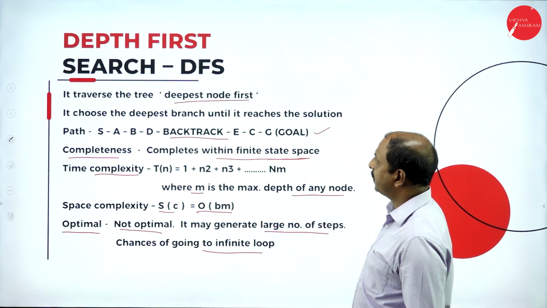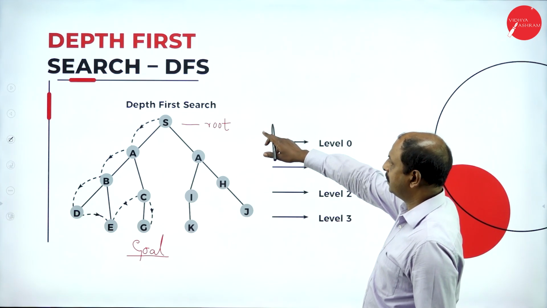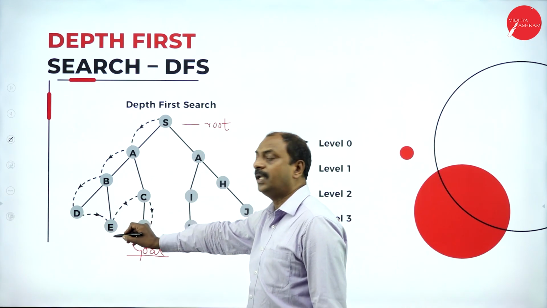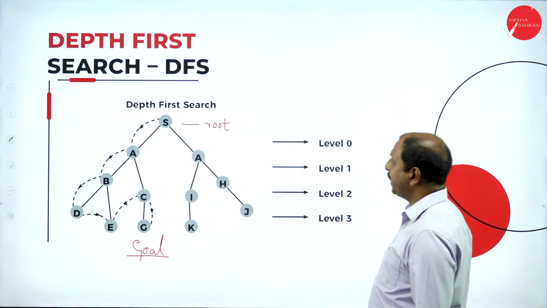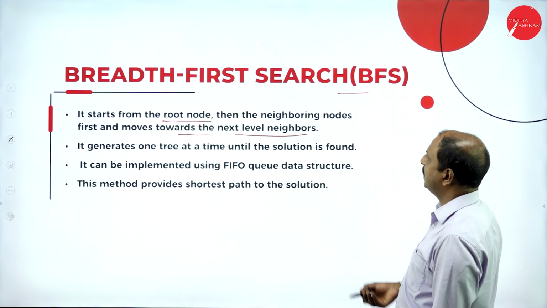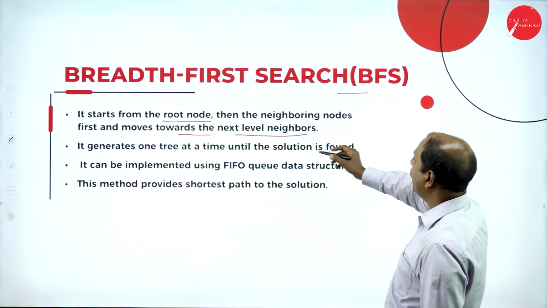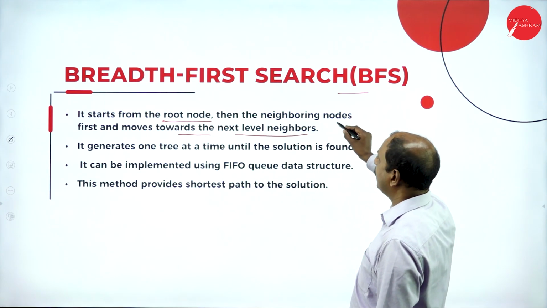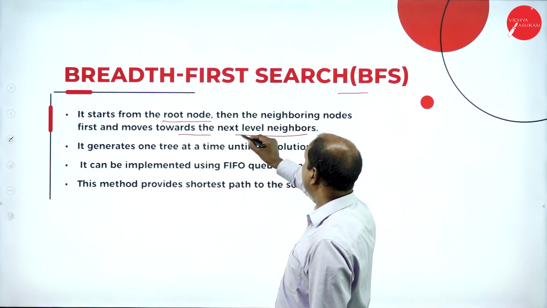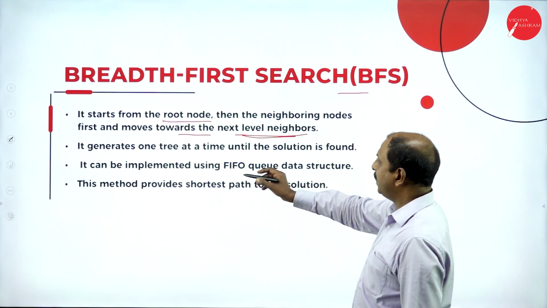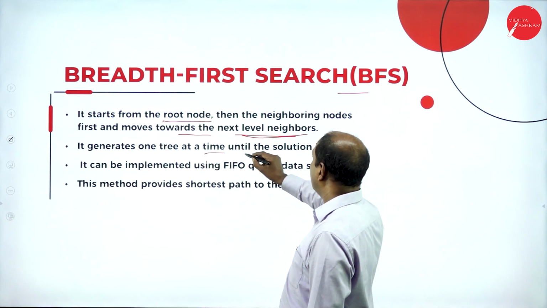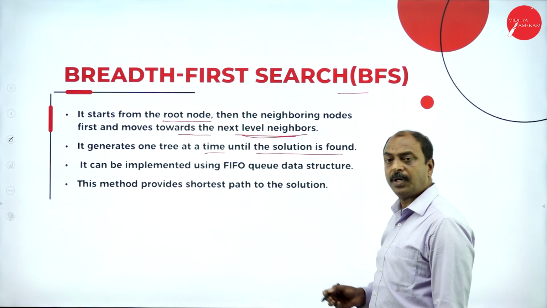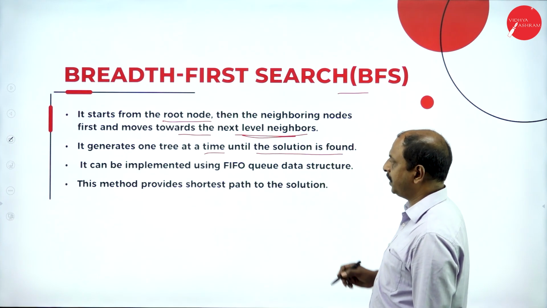In the previous one, depth first algorithm, it goes to the depth until it reaches the goal. But in this breadth first algorithm, it starts from the root and traverses the neighboring nodes, moving towards the next level neighbors. It generates one tree at a time until the solution is found. It looks for a particular path until it reaches the destination.